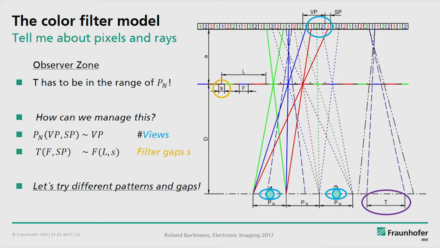The zone width relates to the views, and this immersive zone, radiation zone from the subpixel, relates to the filter gaps, especially to the gap S here, that's between the colored stripes. And now I will tell a little bit more about it. So let's talk about the pattern and gaps.